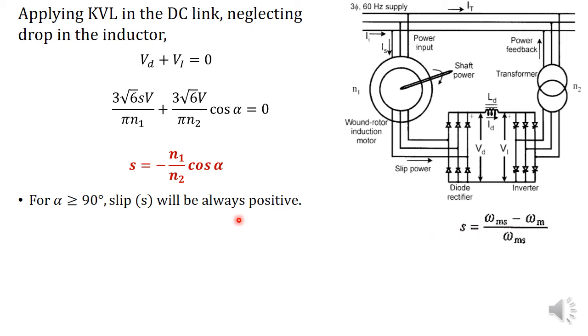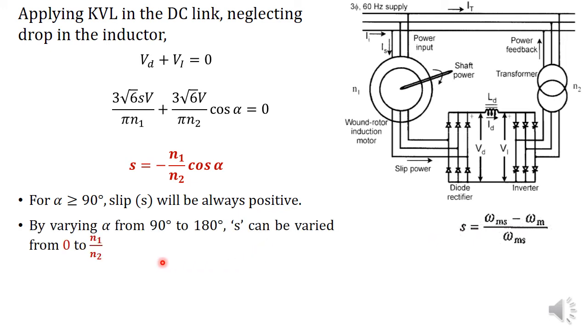And by varying alpha from 90 degree to 180 degree, S can be varied from 0 to N1 by N2. If alpha is 90 degree, S is equal to 0. If alpha is equal to 180 degree, S is equal to N1 by N2.